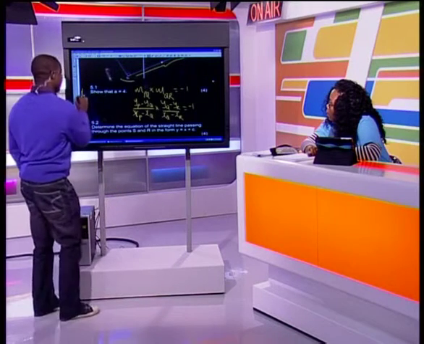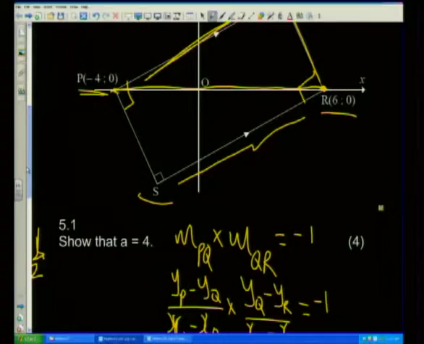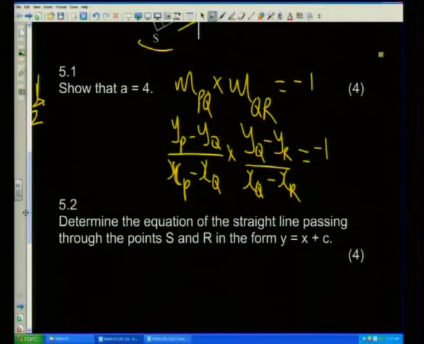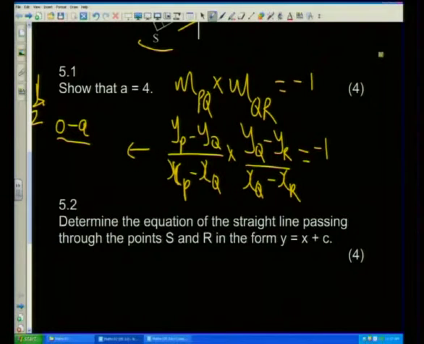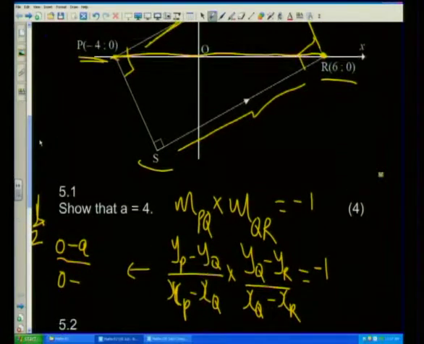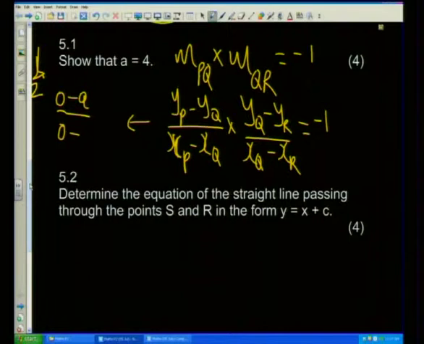Okay, so we know the coordinates at P. Let's go there. So that's -4 and 0. So we're going to say 0 minus, and the y at Q is A. We divide that by the x at P, which is 0, we take away the -4. Right?